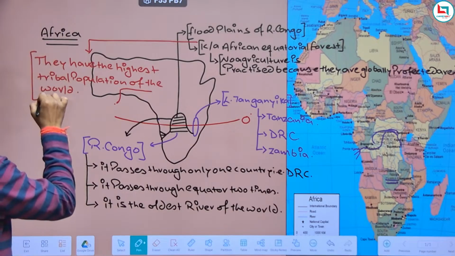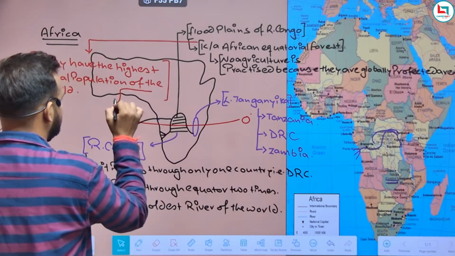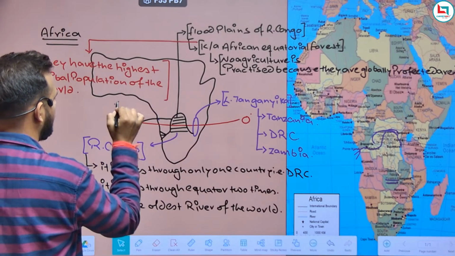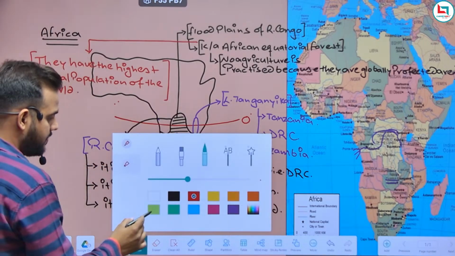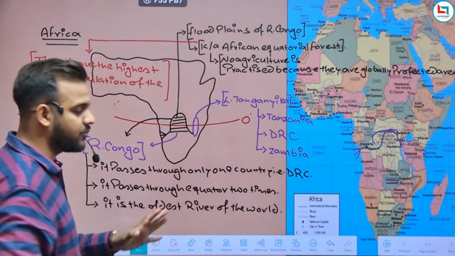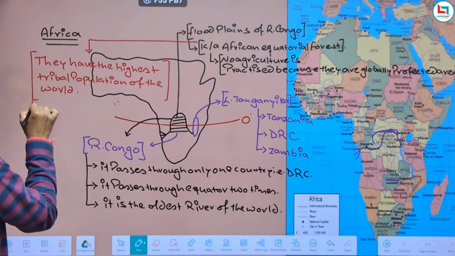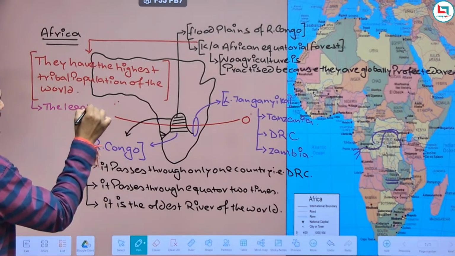Now, guys, after this particular thing, when we talk about the next thing, two major types of tribes are seen here. They are the least developed and backward tribes of the world, found in this region only.